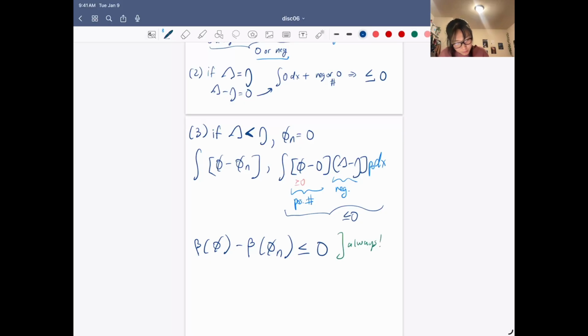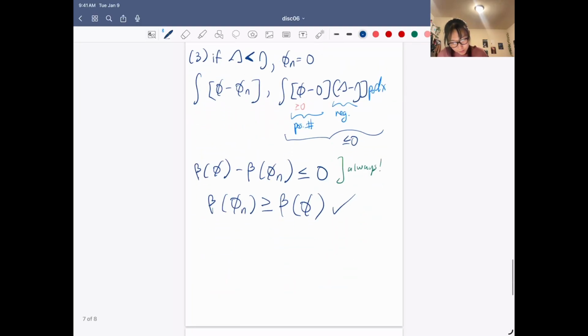And so we've shown that the power for a likelihood ratio test, which is what this represents, is always going to be greater than or equal to the power of any other test.